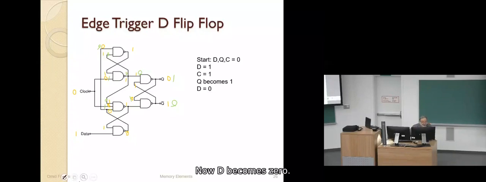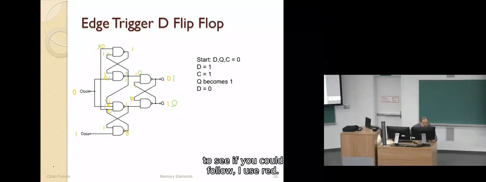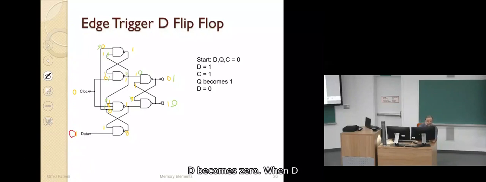Now D becomes 0. So I try to come from bottom to up to see if you could follow. So I use red. D becomes 0, okay? D becomes 0. When D becomes 0 and clock is still 1. Why didn't we write 1 before? Because clock was 1. Clock is 1, D becomes 0.